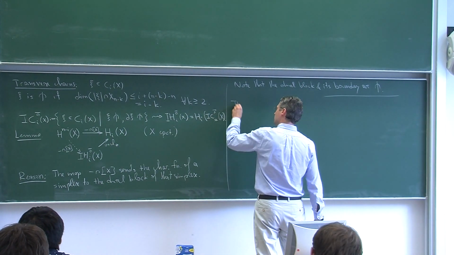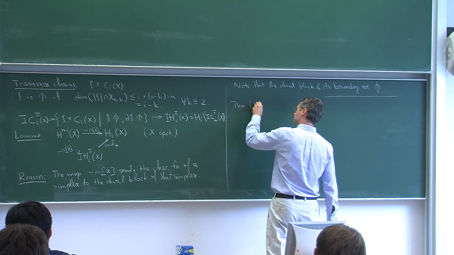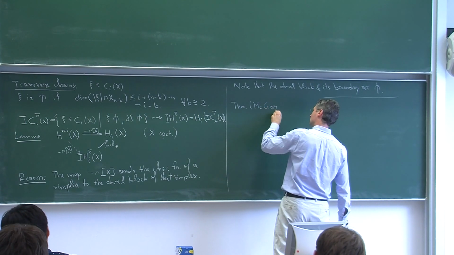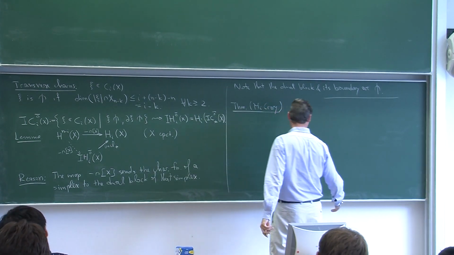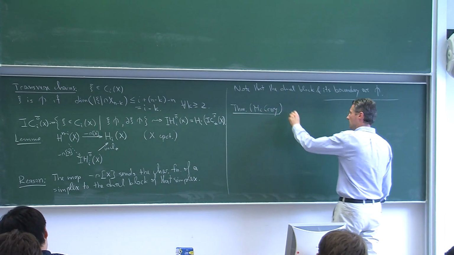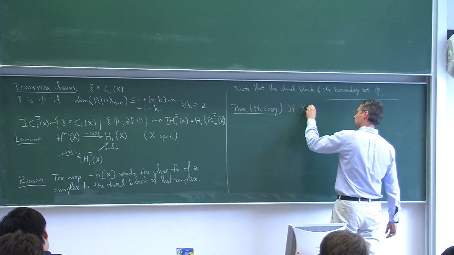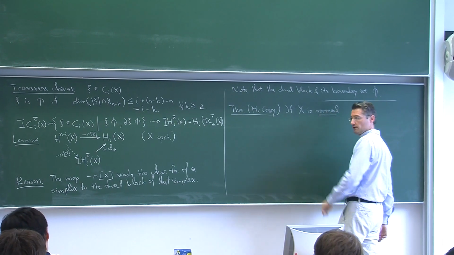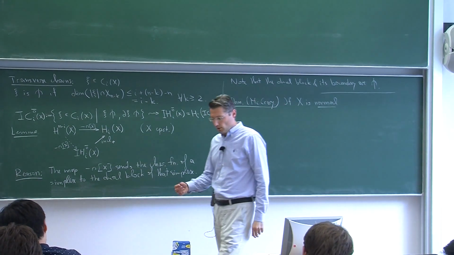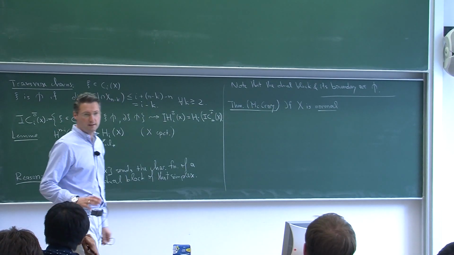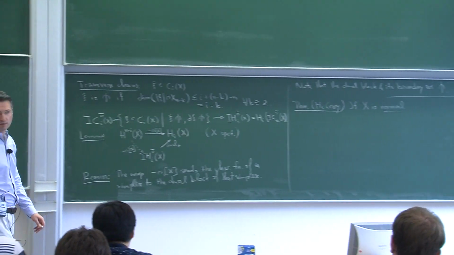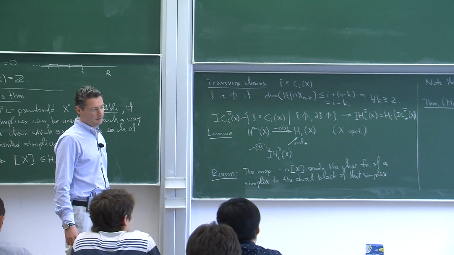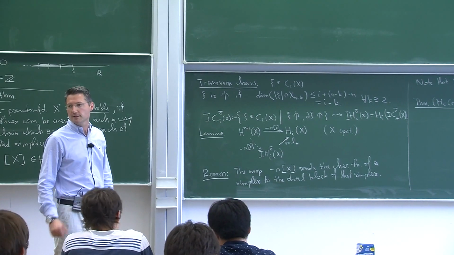McCrory's theorem then is the following. If X is normal, so what does normal mean? Normal simply means, I think I said it yesterday briefly already, during the problem session, that the links are all connected.